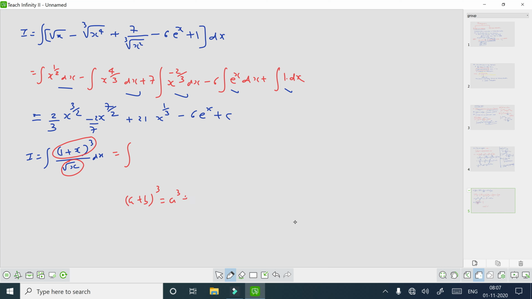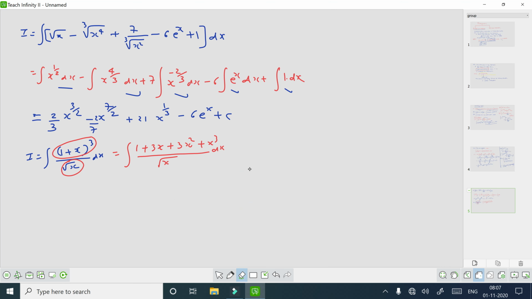That is a cube plus 3a square b plus 3ab square plus b cube. Use this one. That is equal to a cube plus 3a square b plus 3ab square plus b cube, over root x whole into dx.